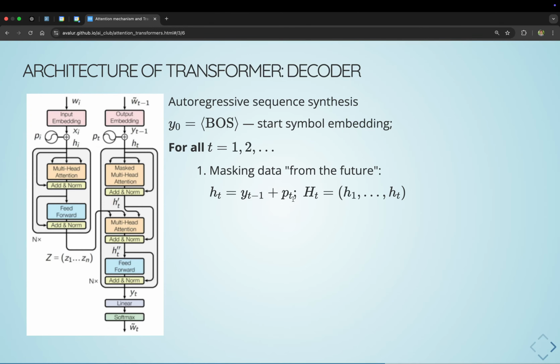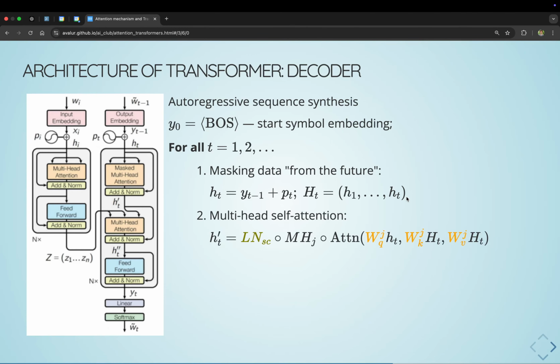Because our general task is predicting the next token, the next character in the word or the next word in the sentence, we need to hide the ground truth answer from the model. That's why here we cut our matrix H to the first T tokens. So HT is only the first T vectors. And that's all the differences.